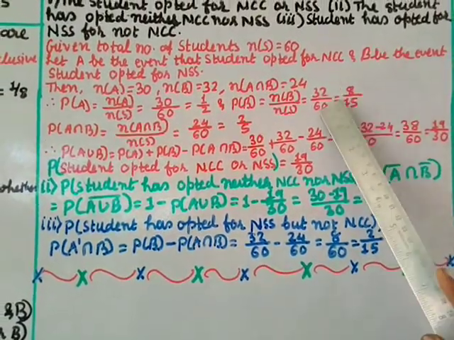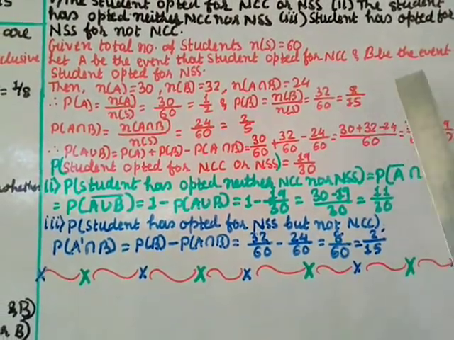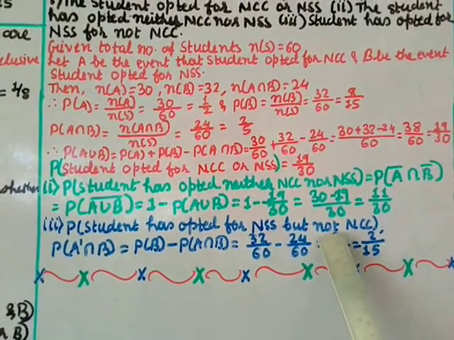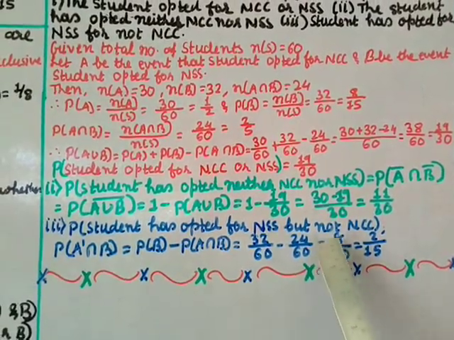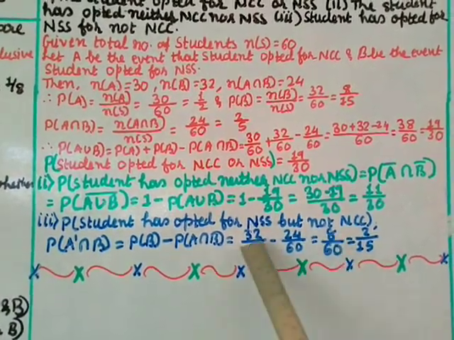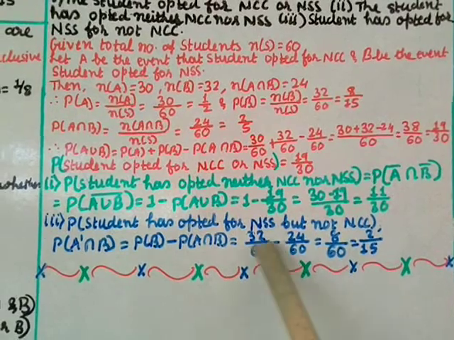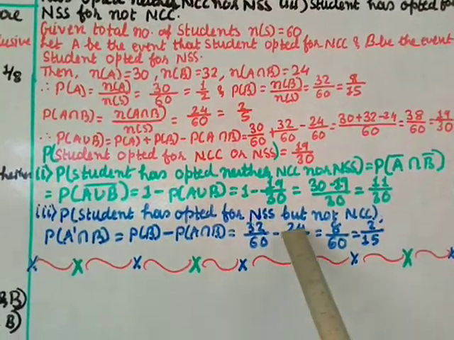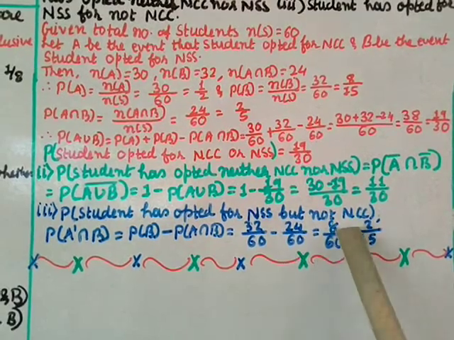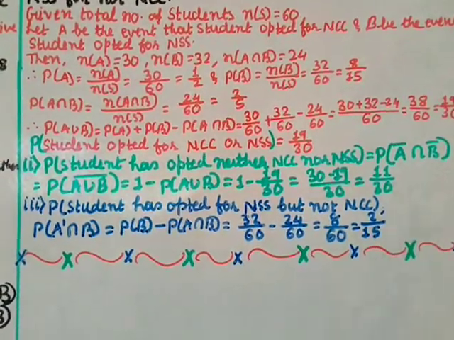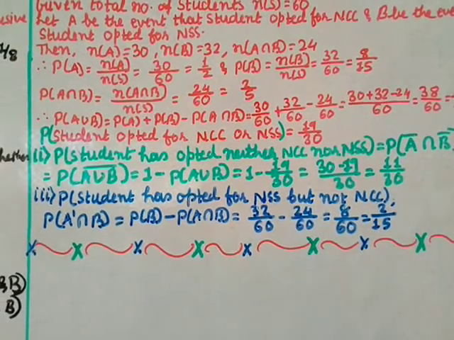Again I am taking this value, not the cut value. So 32 by 60 minus P of A intersection B is 24 by 60. Denominator is same. If it is a difference, find the difference. If it is addition, you add it. So 32 minus 24 will give you 8 divided by 60. You can cut here, so you get 2 by 15. So that is the solution for question number 21.